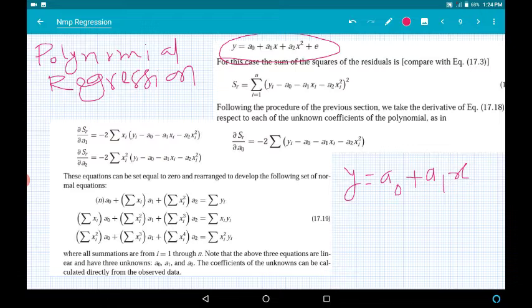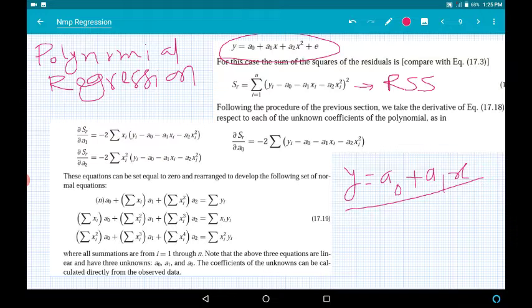So if I do this, I can write the residual sum of squares, RSS, in this form. RSS we have seen, it is the sum of error. Okay, so now the equation is, earlier the equation was y is equal to a0 plus a1x. Now it is a0 plus a1x plus a2x square, right? So what will be the error then?